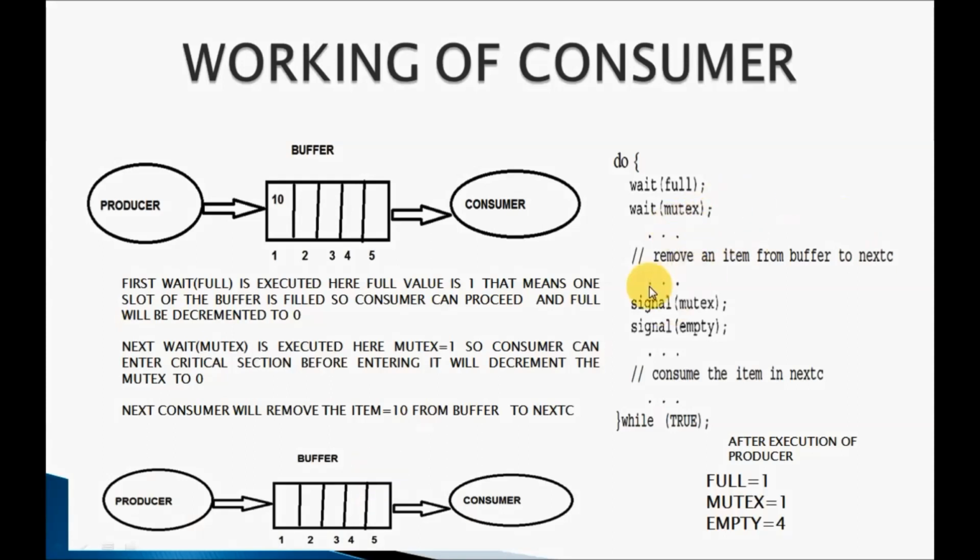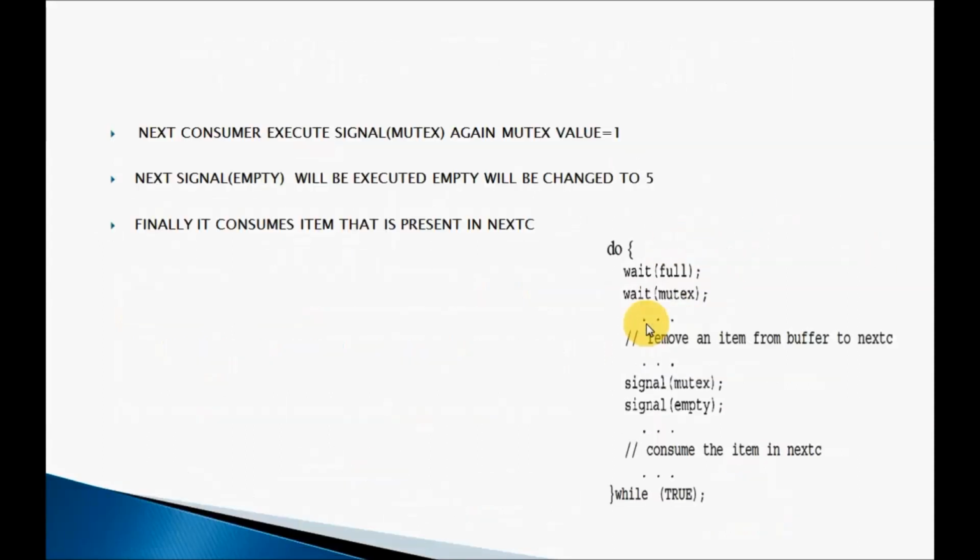So now what is the next statement here? Next statement here, signal of mutex. See, next consumer will execute signal of mutex. So again mutex value will be changed from 0 to 1. Why is it doing this? Consumer, before leaving the critical section, is doing this, right? So it is still in critical section.